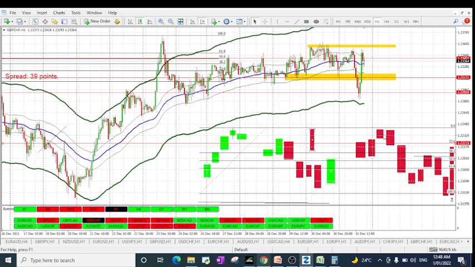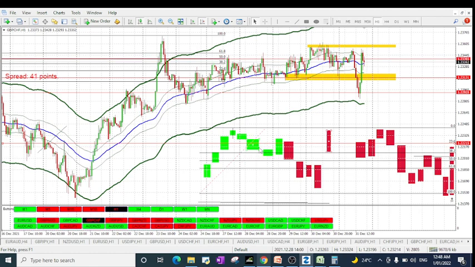So price came down. Okay, let me just use the arrows. The thing is, you size up when you have a complex pullback. That's when you put the risk on.